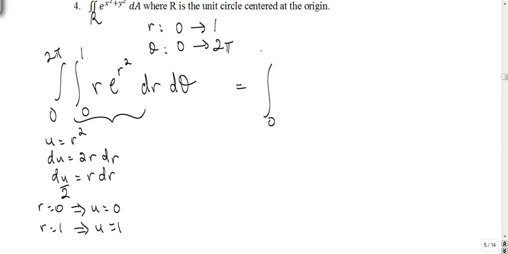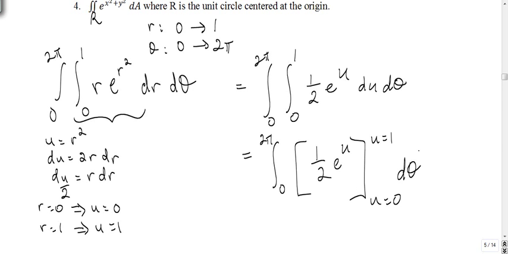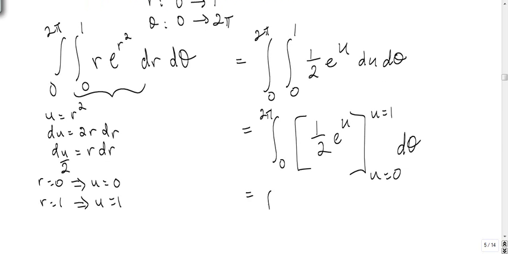So this becomes 0 to 2 pi, 0 to 1, a half e to the u du d theta. So when you integrate, this is a half e to the u, and u goes from 0 to 1 d theta. And when you work this out, you get a half e minus a half.